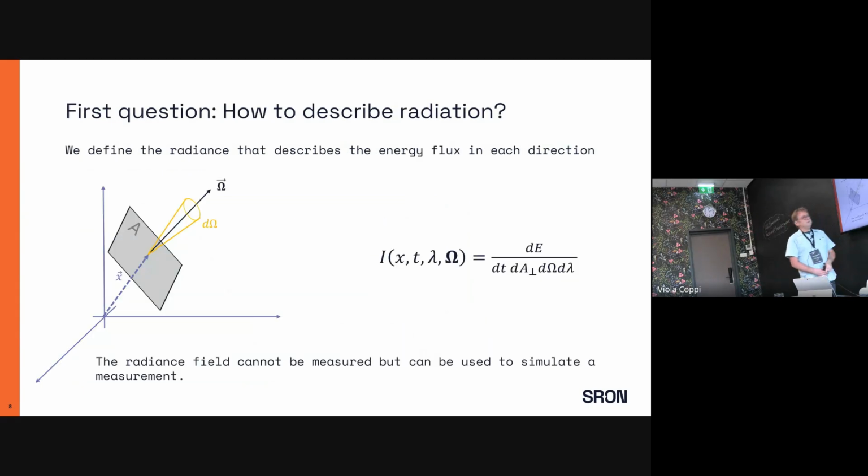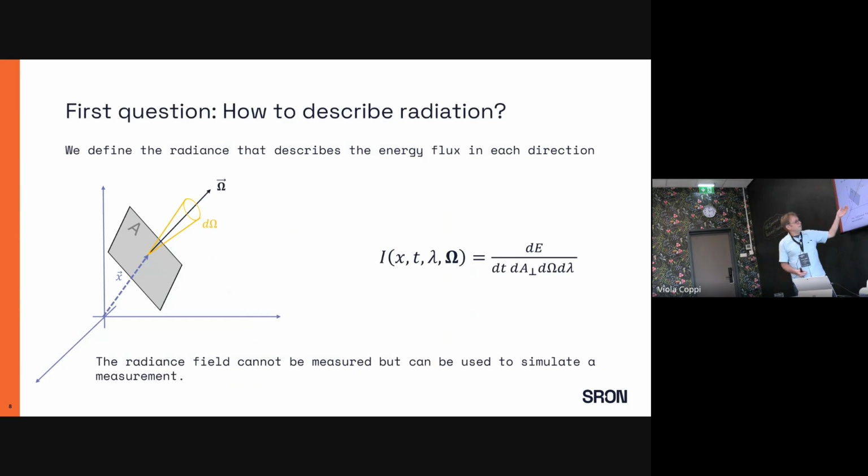When you develop a theory, you need first to know what you want to simulate, what field you want to describe, right? In electrodynamics, it's the electromagnetic field, right? That's what we simulate. In quantum theory, it's a wave function describing the probability that an electron shows up somewhere, right? What is our field then? That is what we call the radiance. And the radiance is nothing else than an energy flux through a surface.